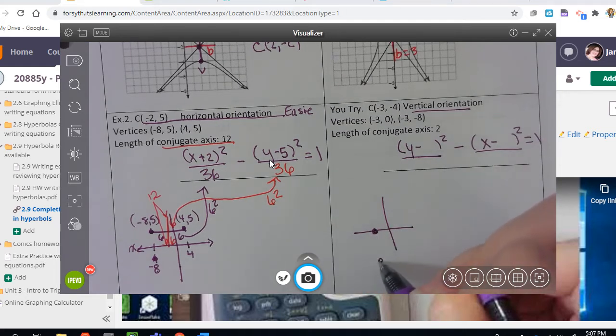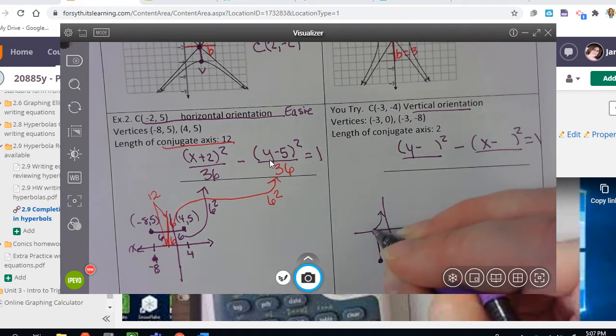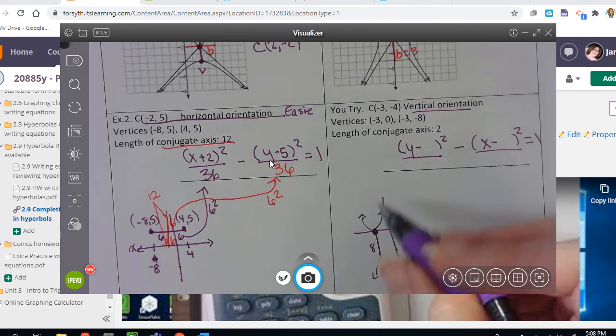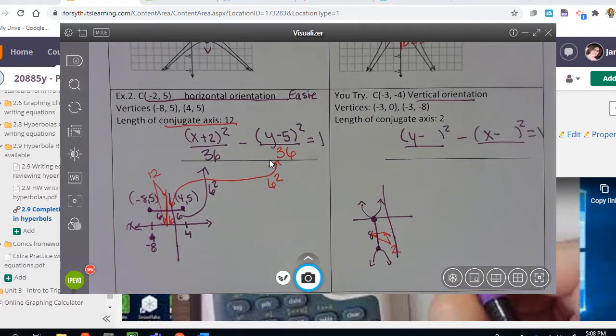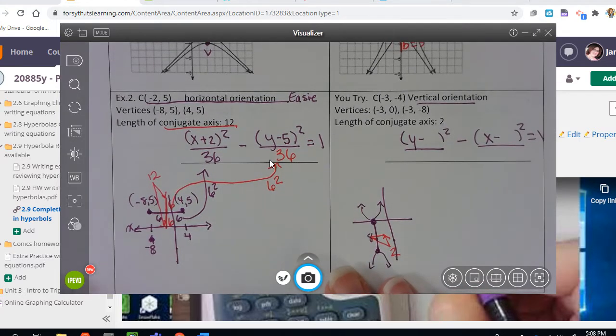Negative 3, negative 8. I think I've missed every time I've done that one. The vertices are here. It means it opens up in this kind of direction. All right. And I know that whole length is 8. And the length of the conjugate axis cuts through the middle, and it's only 2. That's only 2 between these two ends. All right. So I'm going to let you try it and see if you can get it right.